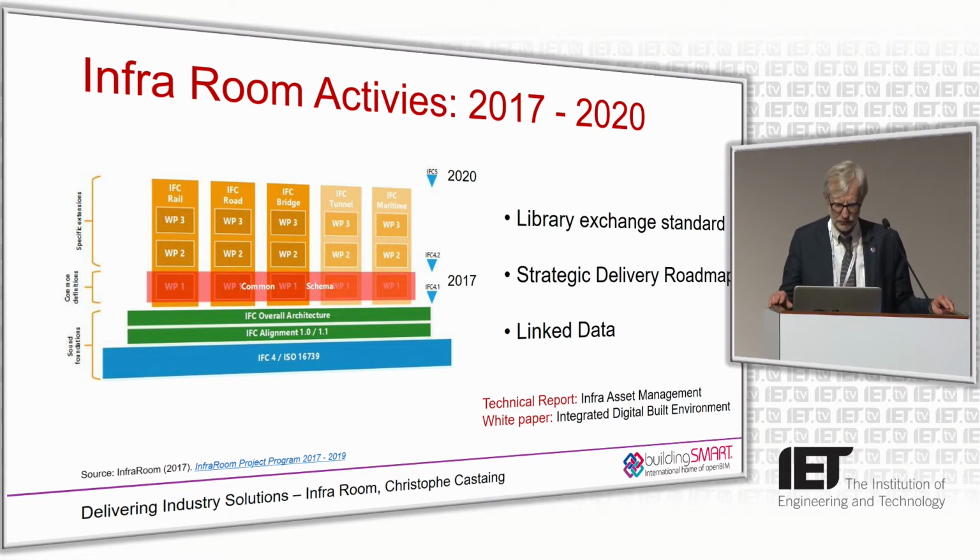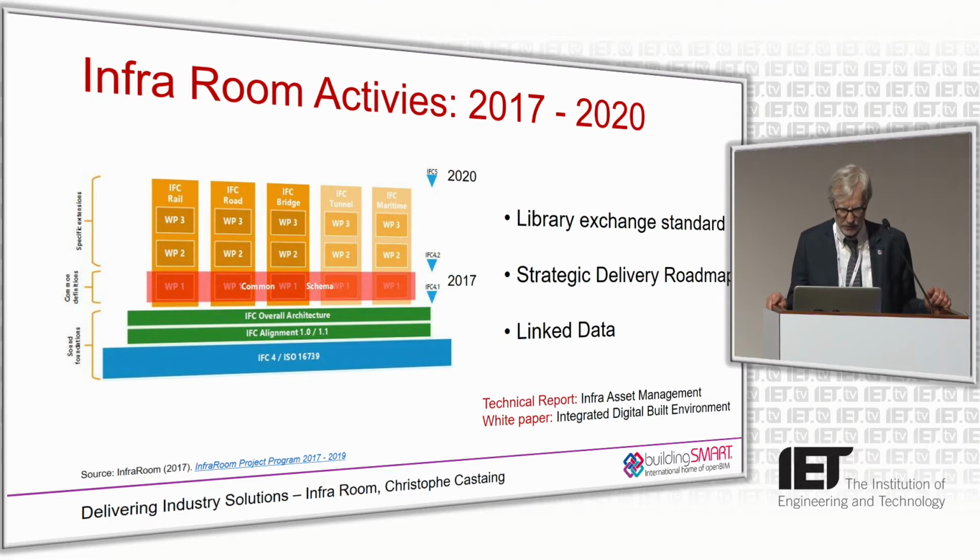Then the impact. Let me see what we have already done. I want to underline something very important: we already have some results with the alignment in IFC 4.1. It is already available for the software vendors to implement this part of IFC for the end user.